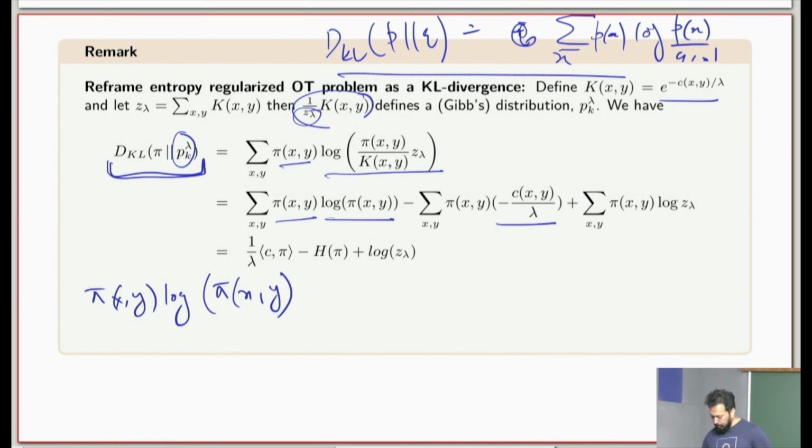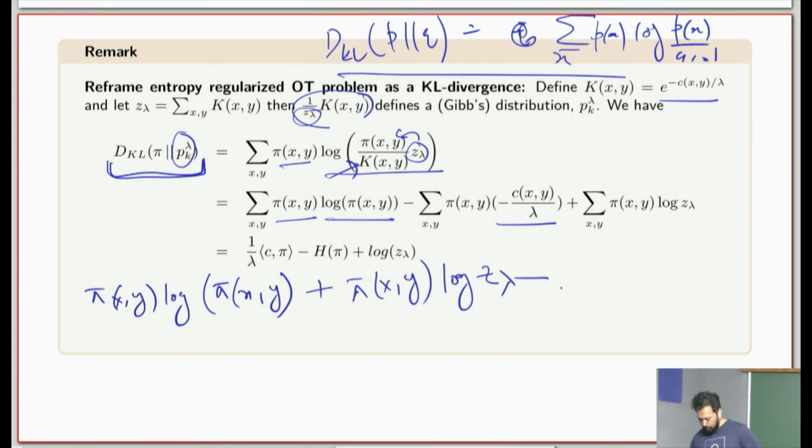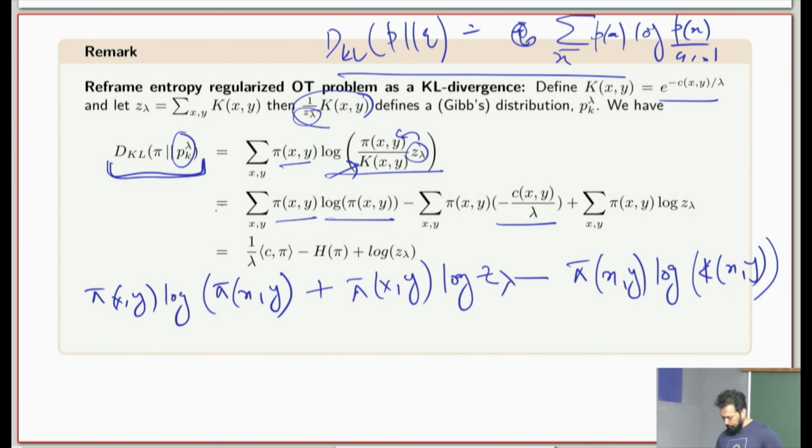Let me do the plus term, because I see z with this term only. The log of the product is the sum of the logs, so then we have pi_xy and log of z_lambda. I did that, and now I'm going to work on the denominator, which is minus pi_xy log of k_xy.